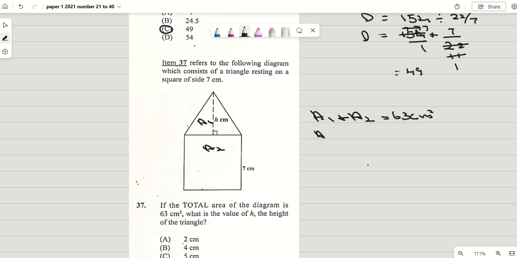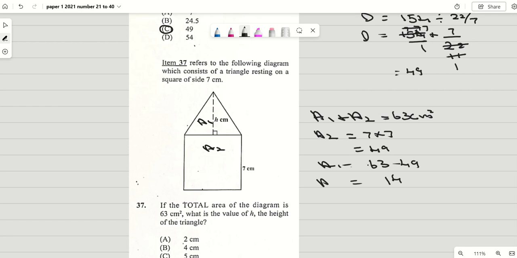We know A2, or area of A2, is 7 by 7, which is a square. 7 sevens are 49. So A1 would be 63 minus 49, which is equal to 14. Right?